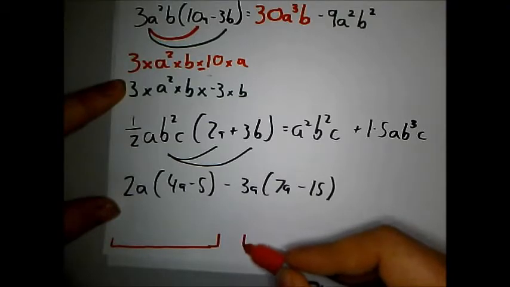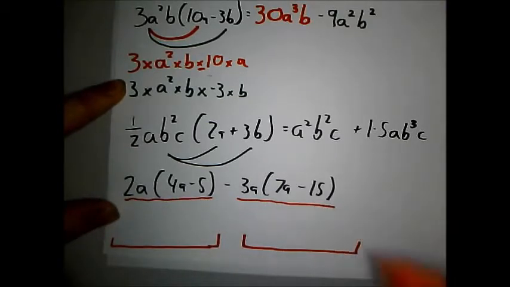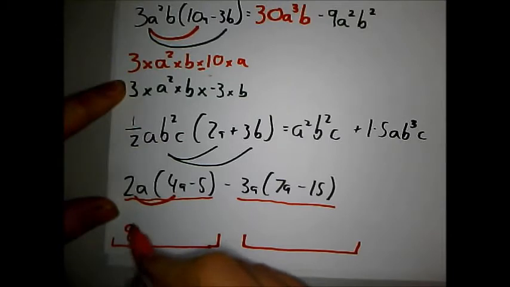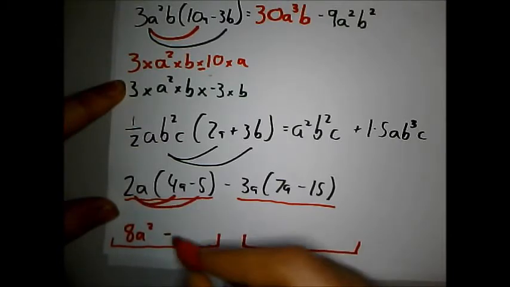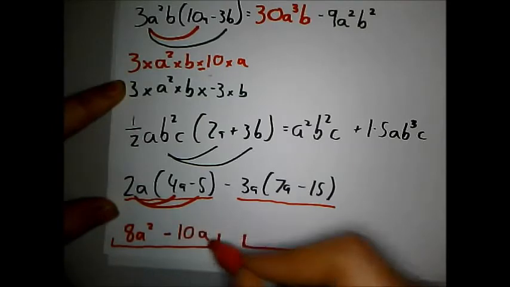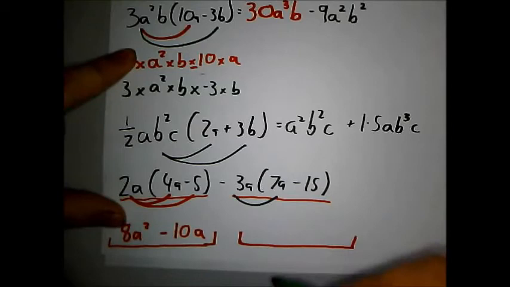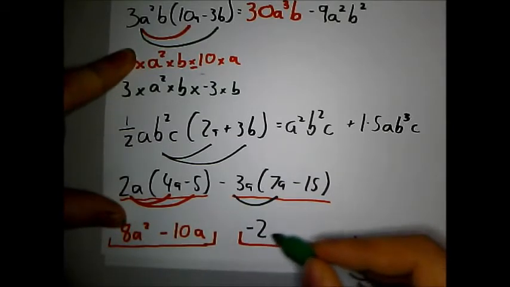One for the first bracket and then one for the second bracket. So 2a lots of 4a is 8a squared. 2a lots of negative 5 is negative 10a. And then negative 3a lots of 7a is negative 21a squared.